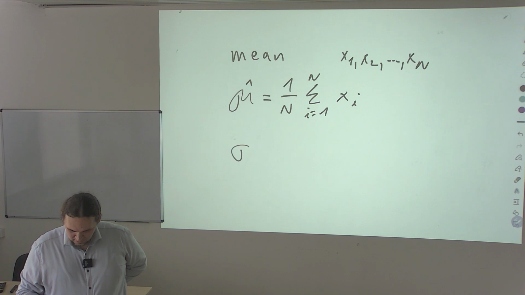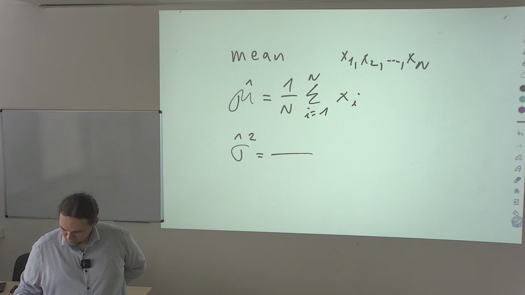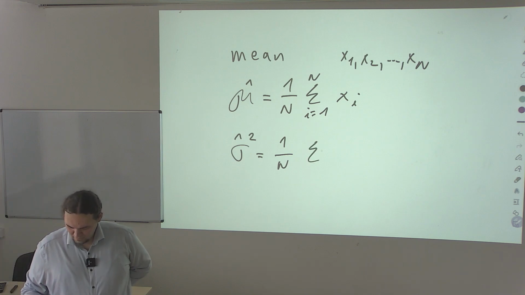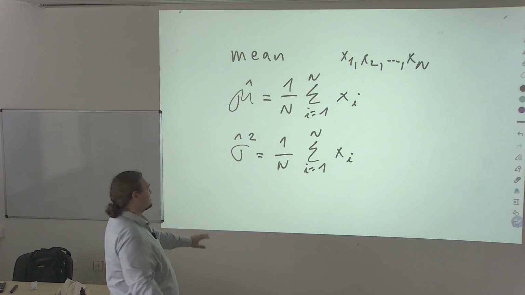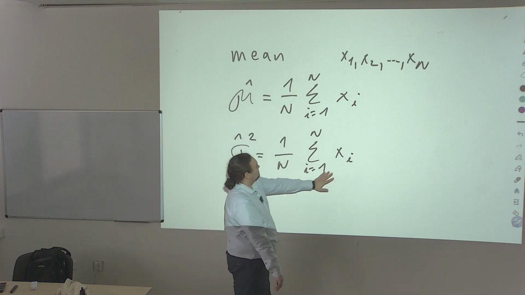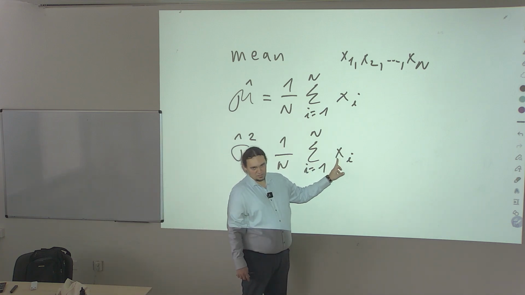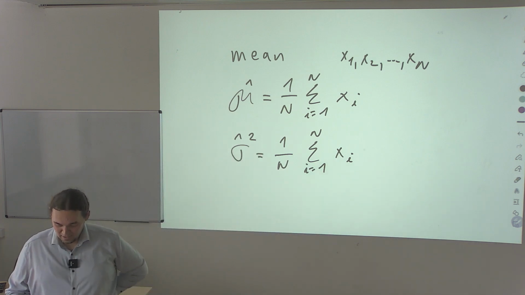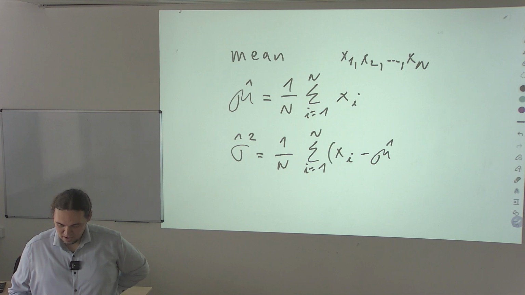How to find the standard deviation, or let's say the variance, which is more intuitive, is again going to be an average, but now the average of how our samples differ from what we calculated in the line above, from our mean.